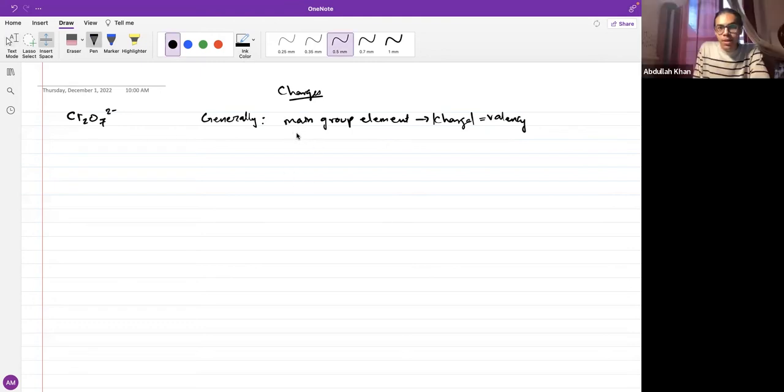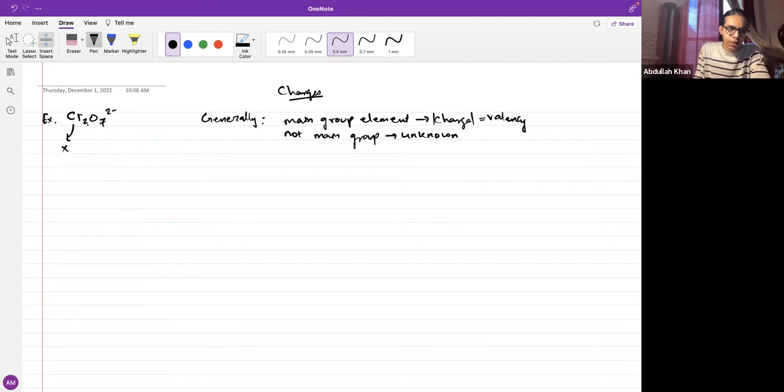If it's not a main group element, then think of it as an exotic atom. Let's say the charge is going to be unknown. So that is what you'll be solving for. For example, here in Cr2O7 2-, the chromium is exotic because it's not a main group element.